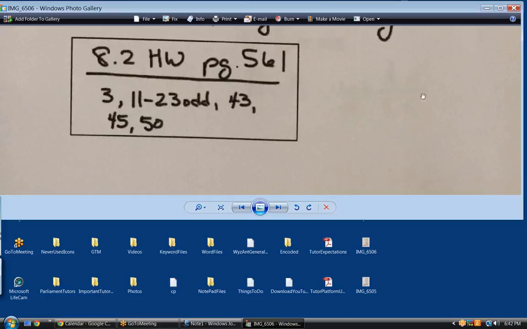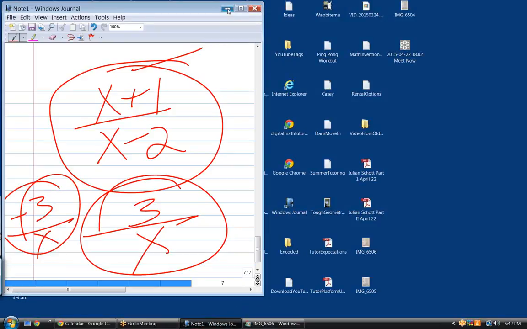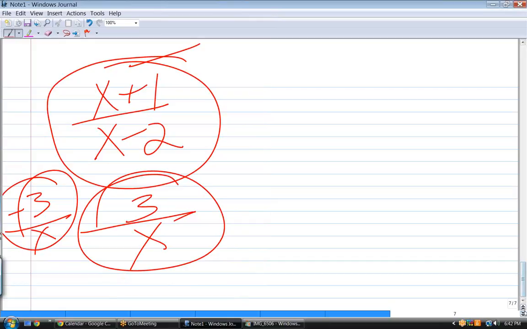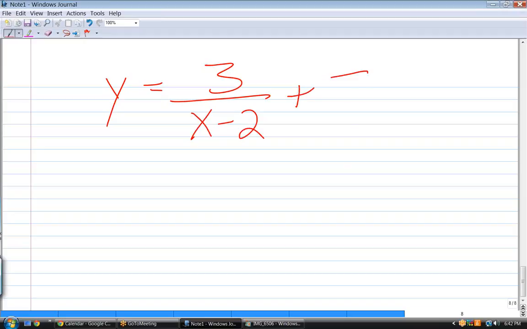Okay. So. All right. Let me just give you some that I'm going to make up. Tell me which two quadrants this is in. Can you tell by just looking at it? First of all, what's the vertical asymptote?